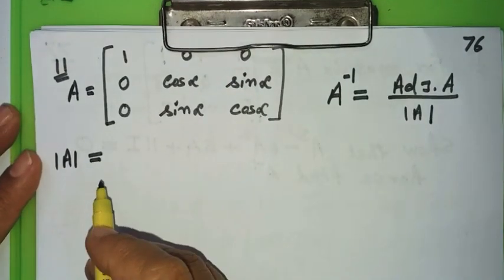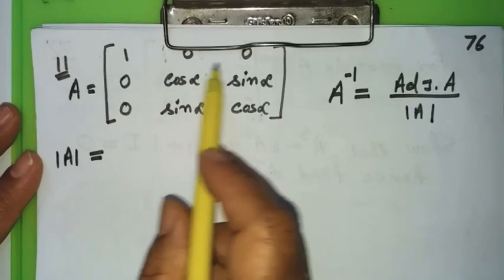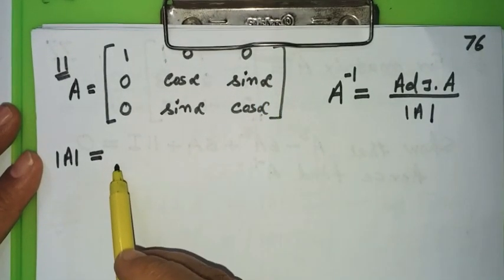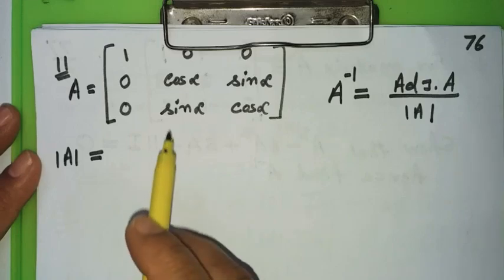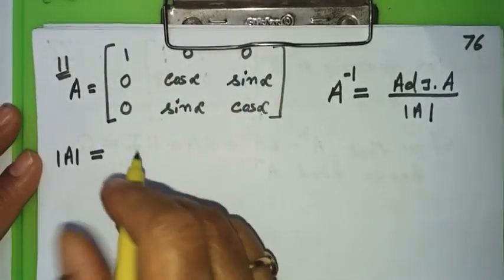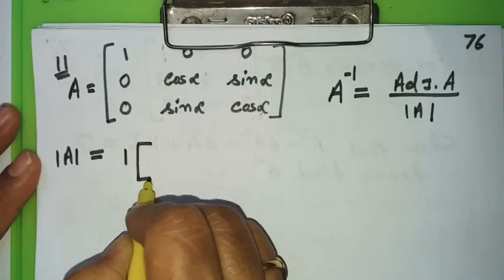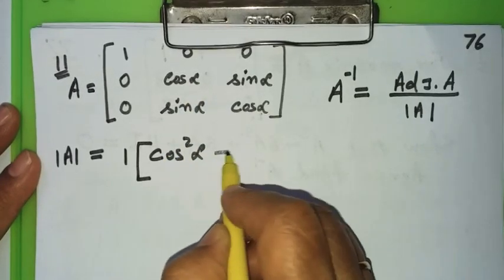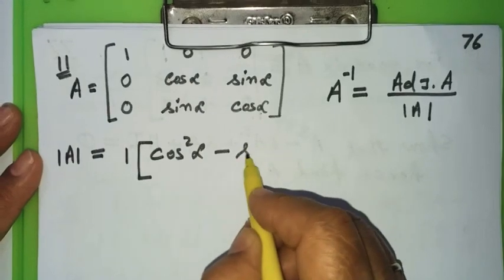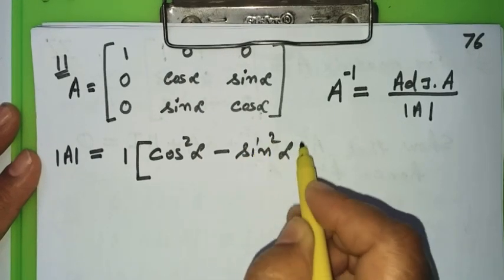Students, we have also learned that the inverse of this matrix exists only if it is non-singular. Non-singular means that its determinant is non-zero. So let me expand it using the first row. That gives me 1 into cos alpha into cos alpha, that is cos square alpha, minus sin alpha into sin alpha, that is sin square alpha.